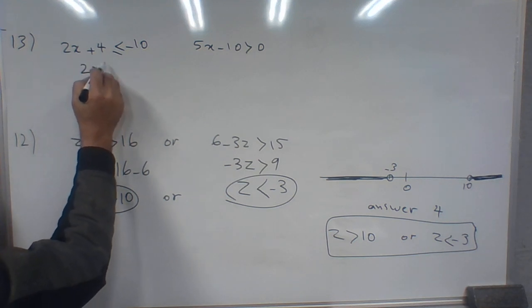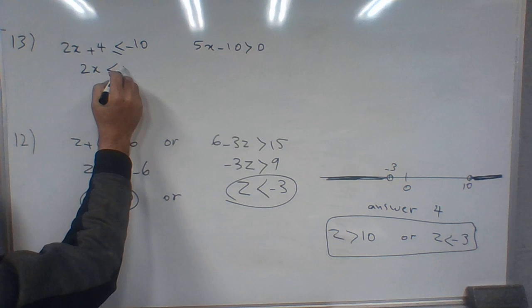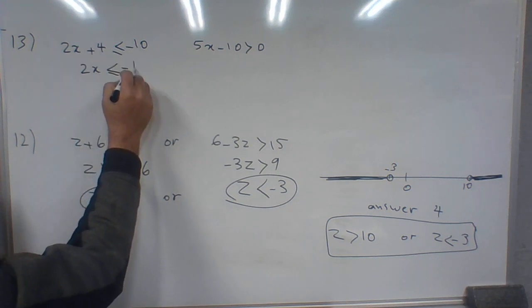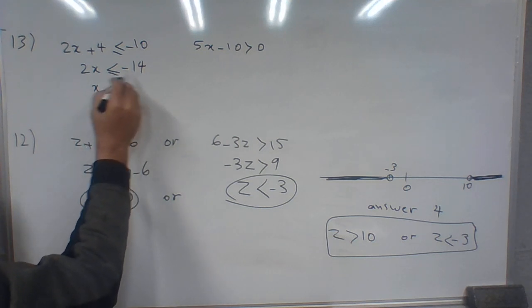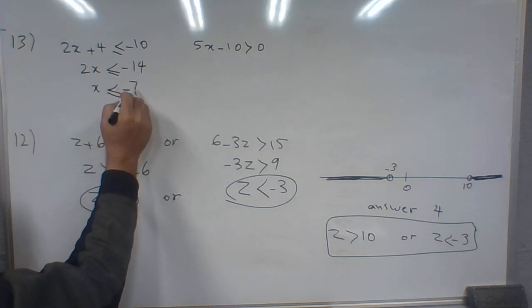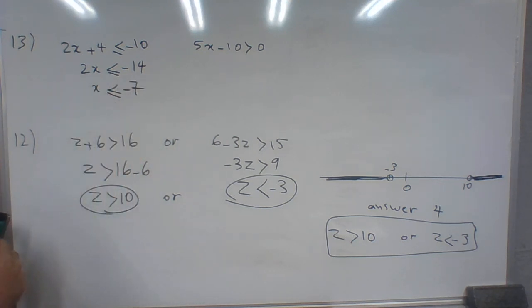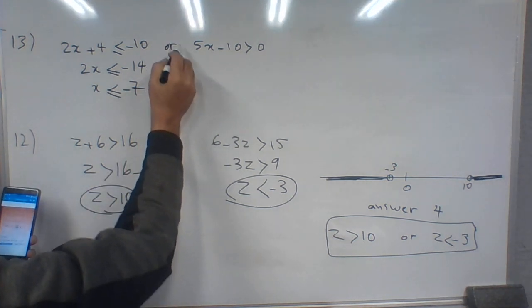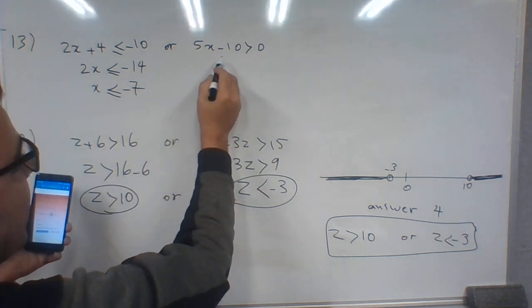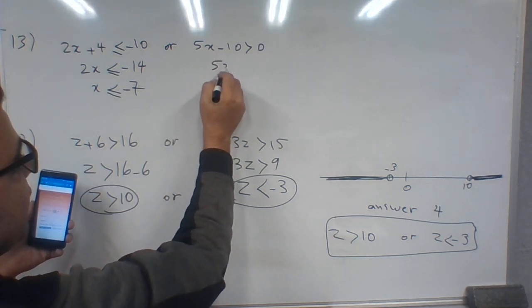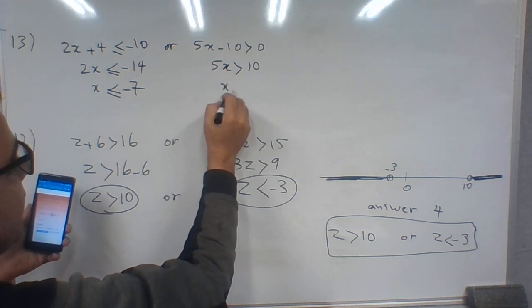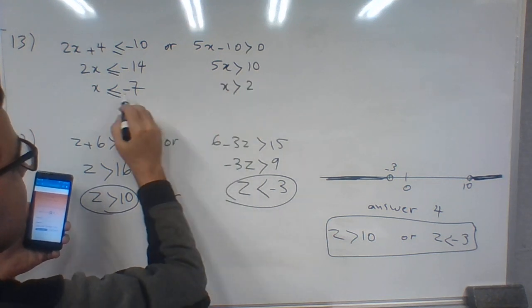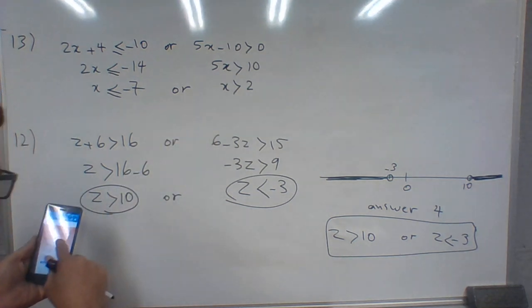So 2x, subtract 4, negative 10 minus 4 is negative 14, and then x less than or equal to negative 14 divided by 2, negative 7. And then the second one, add 10, so 5x greater than 10, and then divide by 5, x greater than 2. So this or this.